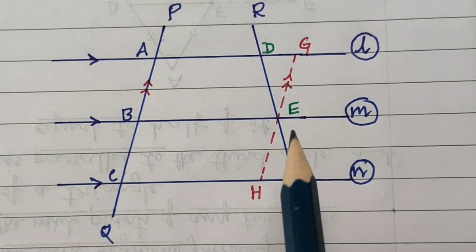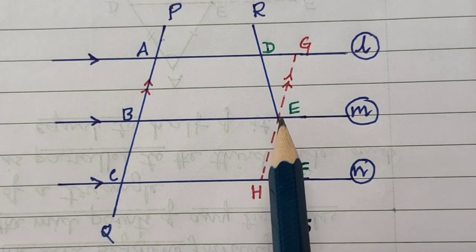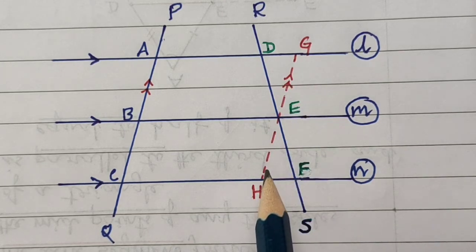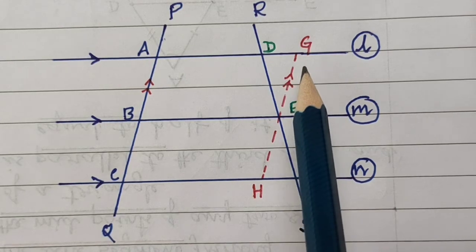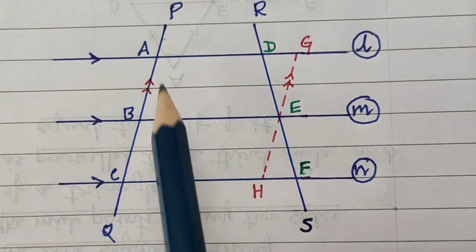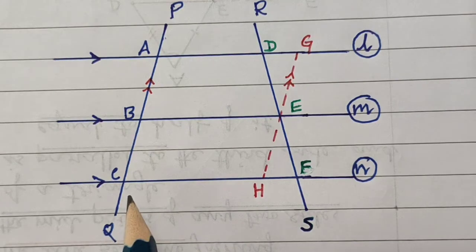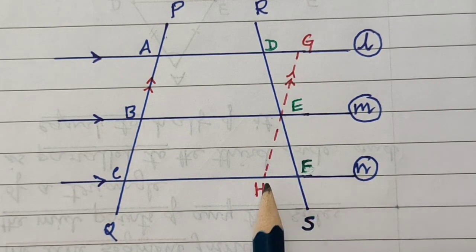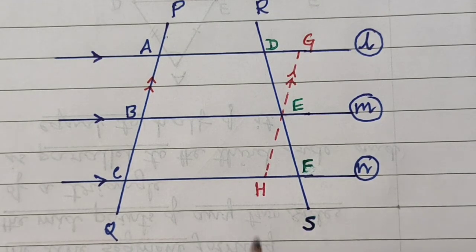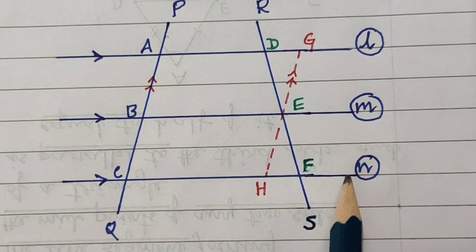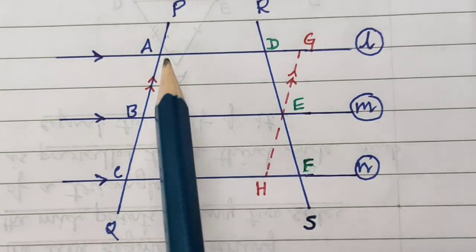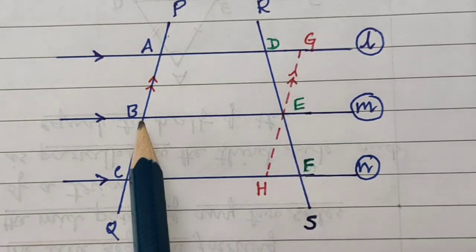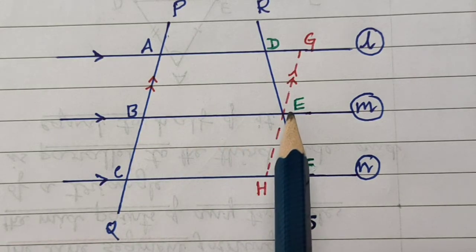Construction: through E, draw a line segment GH parallel to PQ, meeting L at G and N at H. Because L, M and N are parallel lines, AG is parallel to BE.